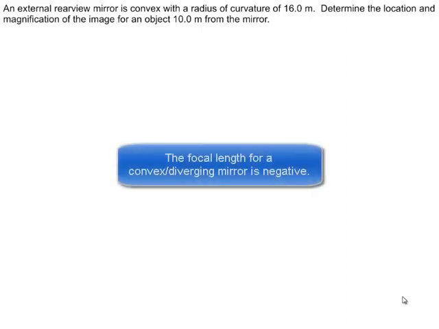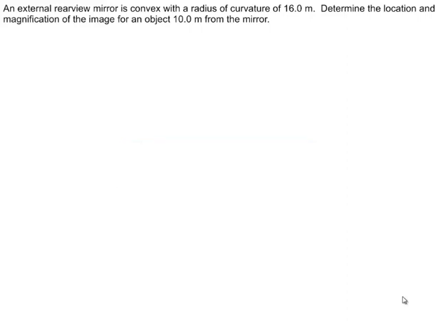Now we're going to do this for a convex mirror, or a diverging mirror. The very important difference here is that the focal length for a convex or diverging mirror is negative. It's on the other side, the virtual side of the mirror, and we make it negative. So here we're told that the radius of curvature of our mirror is 16 meters.